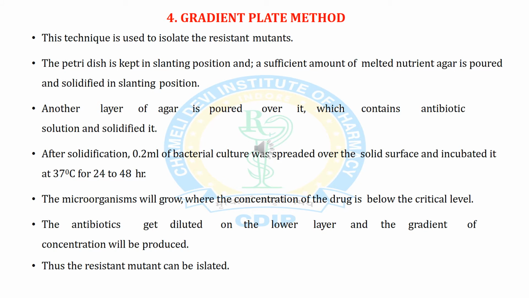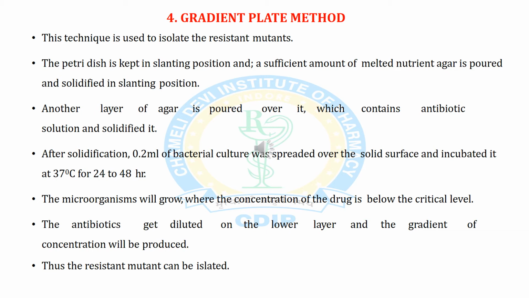The next one is the gradient plate method. This technique is used to isolate resistant mutants. The petri dish is kept in a slanting position and a sufficient amount of melted nutrient agar is poured and solidified in the slanting position. Another layer of agar, which contains antibiotic solution, is poured over it and solidified. After solidification, 0.2 ml of bacterial culture is spread over the solid surface and incubated at 37 degrees centigrade for 20 to 48 hours.